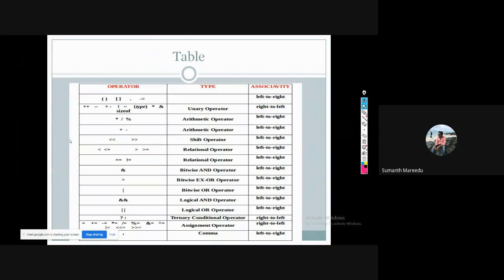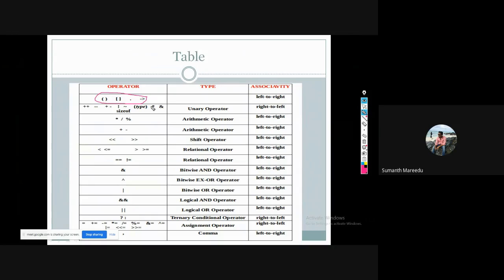All the operators in this one line belong to one category, including normal brackets and square brackets, and they have the highest level of priority.